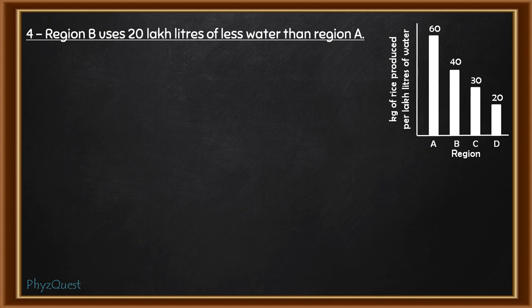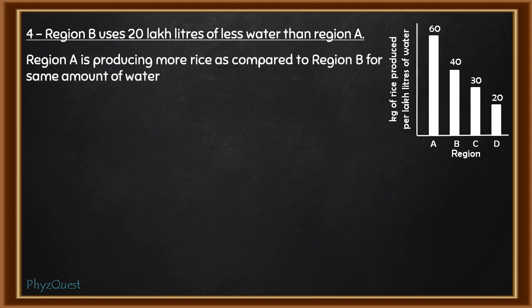So this is a comparison between region B and region A. If we compare region A and B, region A is producing more rice as compared to region B for the same amount of water. Why? Because region A is producing 60 kg of rice and region B is producing 40 kg of rice.